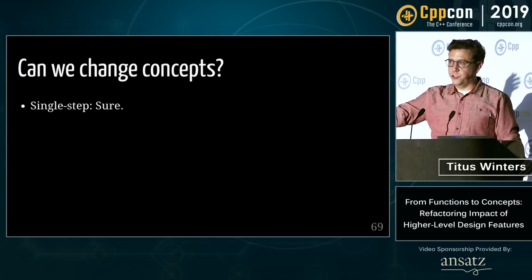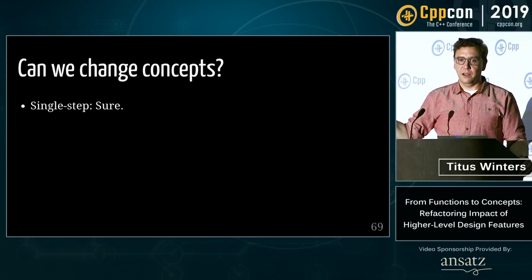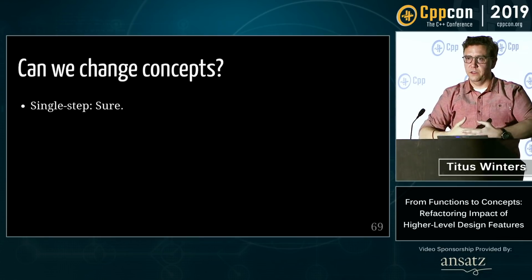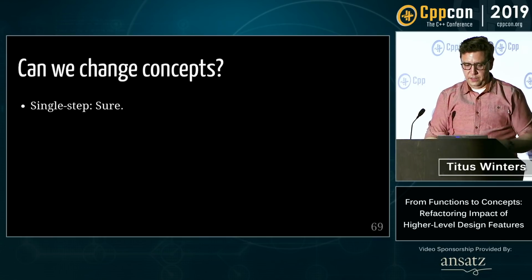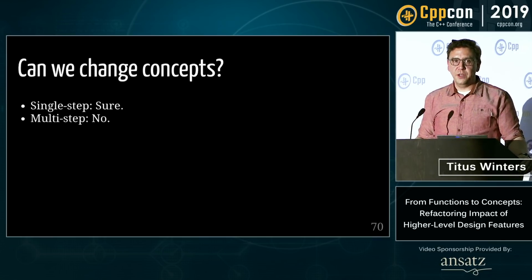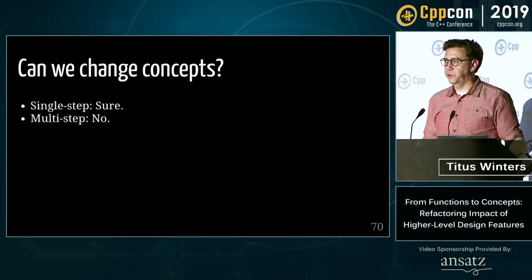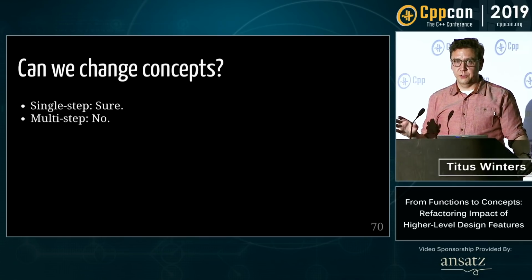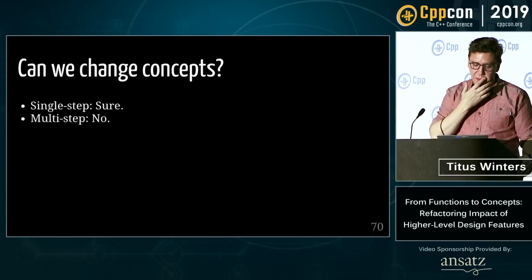Renaming your concept or changing its behavior completely is always possible if you have small enough usage and perfect visibility. That's not interesting, though. And in the multi-step world, I do not believe that there is anything that you can do to a concept once it has escaped your control. We can rename them, I guess, but that's sort of just introducing a new name that's equivalent.